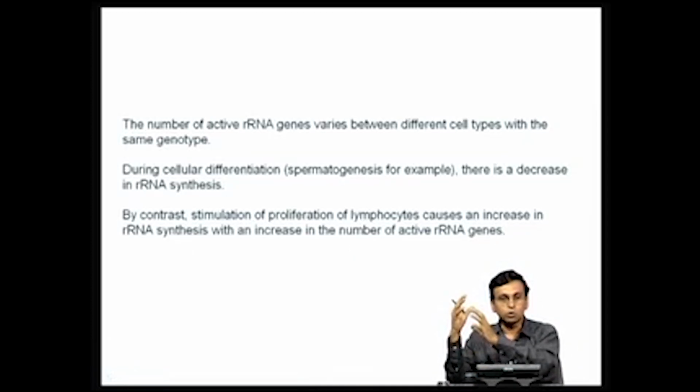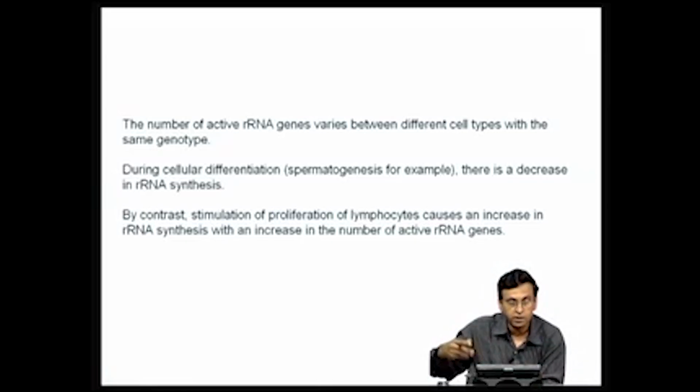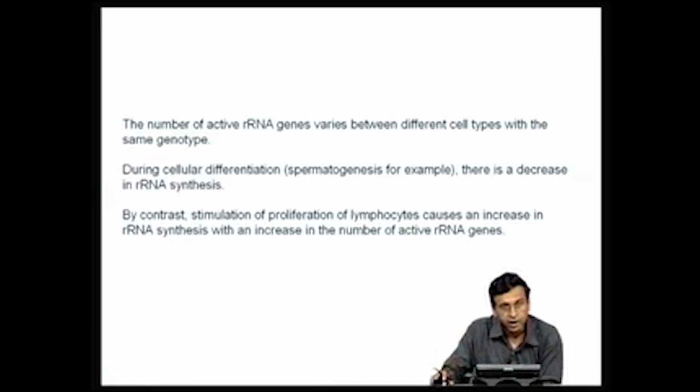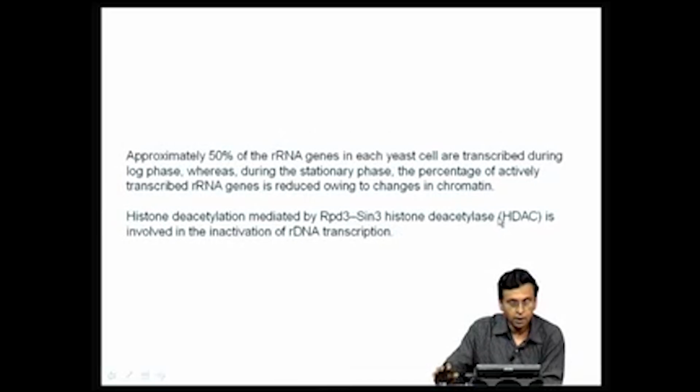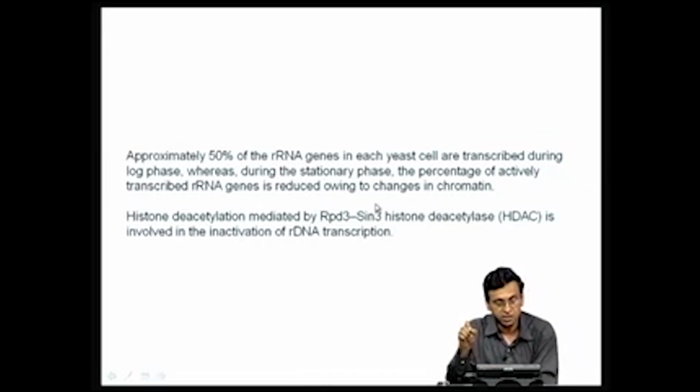So, when cells undergo differentiation, there seems to be a decrease in rRNA synthesis, but when you stimulate cell proliferation, there seems to be an increase in rRNA transcription. Now, although there are hundreds of copies of rRNA genes inside the nucleus, not all these genes are transcribed at a time. Only about 50% of the rRNA genes are transcribed in each cell during log phase, whereas during stationary phase the percentage of actively transcribed rRNA genes is reduced owing to changes in the chromatin.